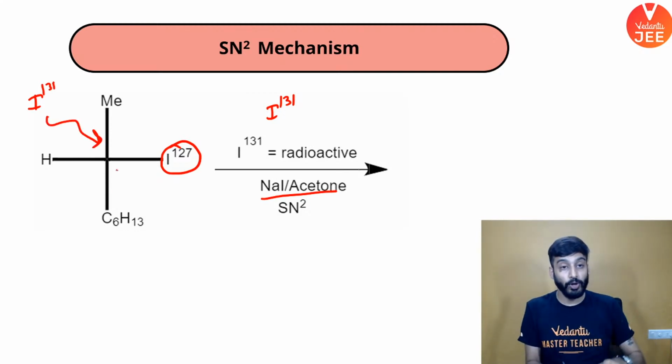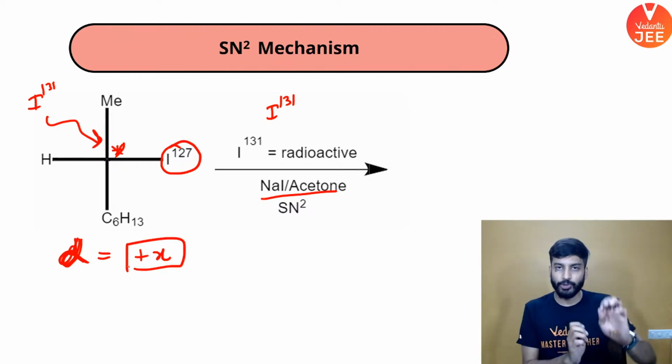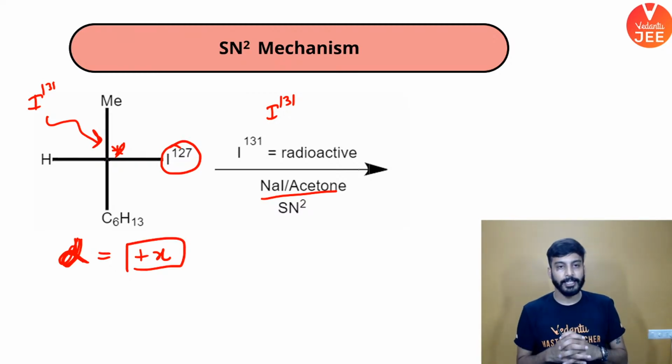This compound was chiral to begin with. Let us say the specific rotation is plus x. We don't know the value. Let's say it is dextrorotatory right now, plus x.